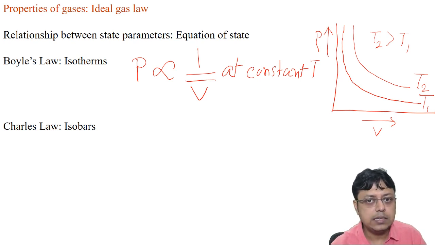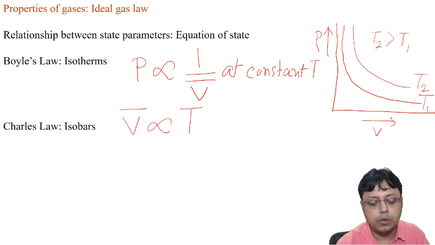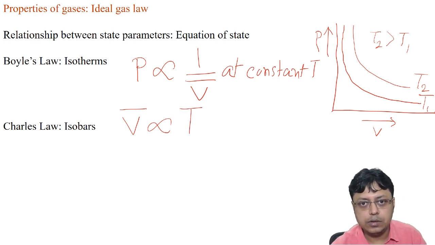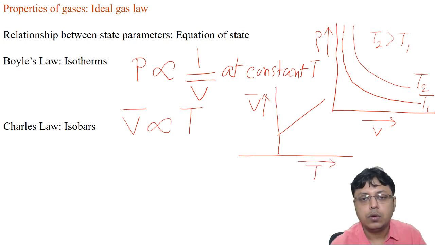Similarly, you can ask what is the relation between the other two state parameters, volume and temperature, and that is given by Charles' law, which also you studied. According to Charles' law, the molar volume is proportional to the absolute temperature. If we plot it, we'll get a linear curve like this. We can extrapolate the curve to get a concept of absolute zero of temperature.